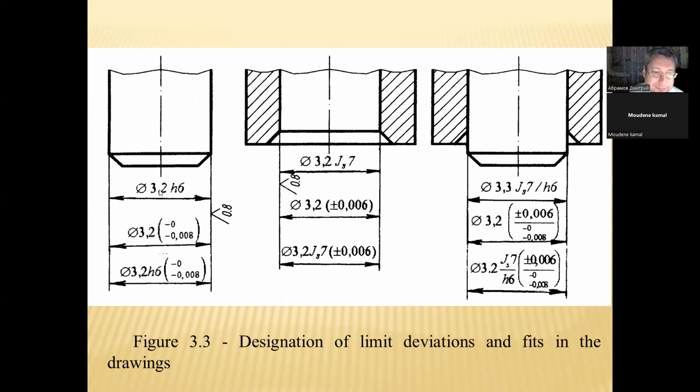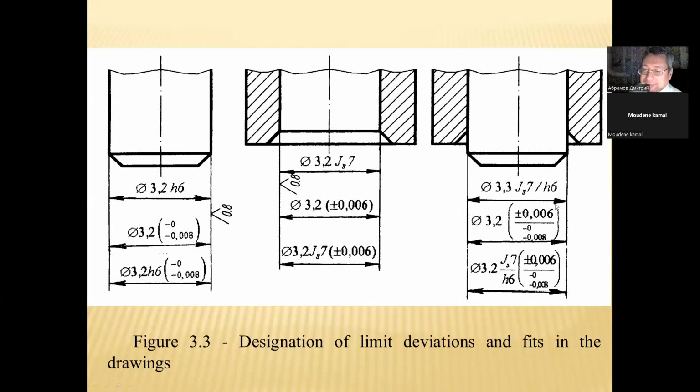We can use nominal diameter, fundamental deviation, and IT grade. It's the first variant: designation of the diameter of the shaft or hole, nominal diameter, fundamental deviation J suffix S, and IT grade 7.